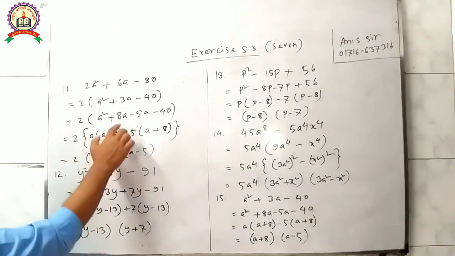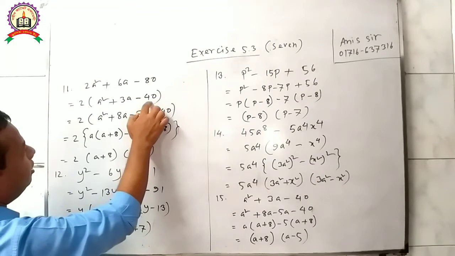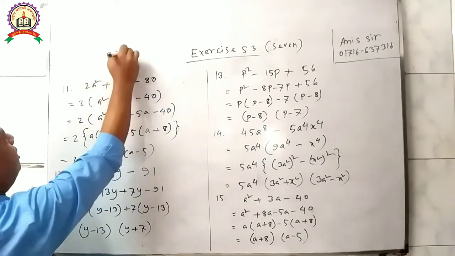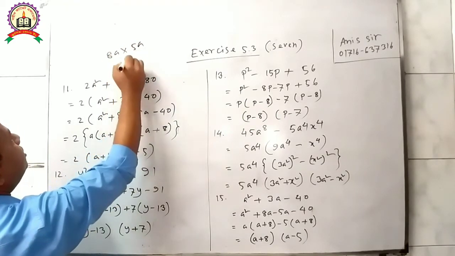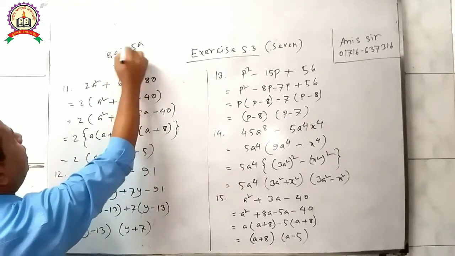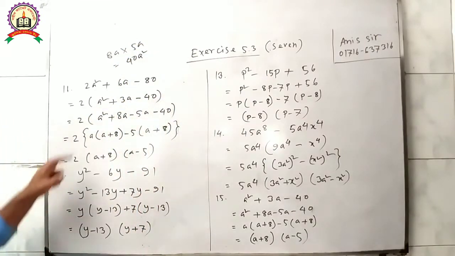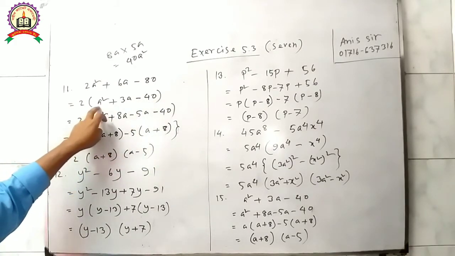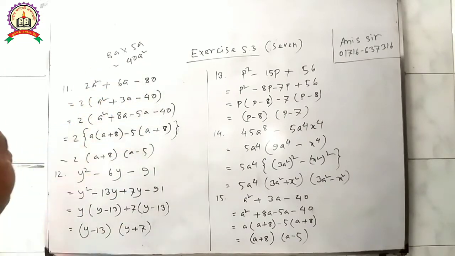And if we multiply, we get the first and last term product. That means 8a into 5a equal to 40 a square. If we multiply, then we get 40 a square.